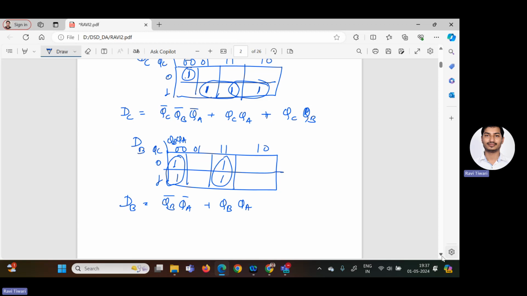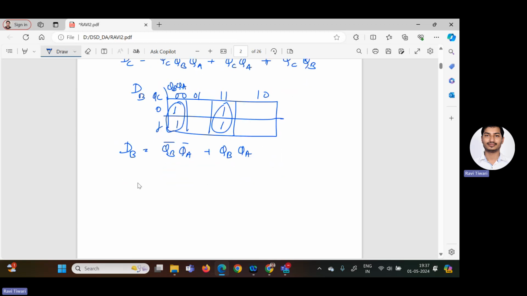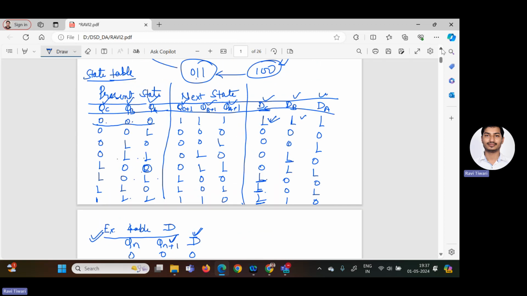Similarly, we have to find out the expression for DA. So DA will again have a 3 variable K map like this. This is 0, this is 1, this is 0 0 0 1 1 1 1 0. It's following the gray code. Now wherever your DA is 1, you fill it here also. So here it's 1 for 0 0 0, again 1 for 0 1 0, again 1 for 1 0 0, and again for 1 1 0.